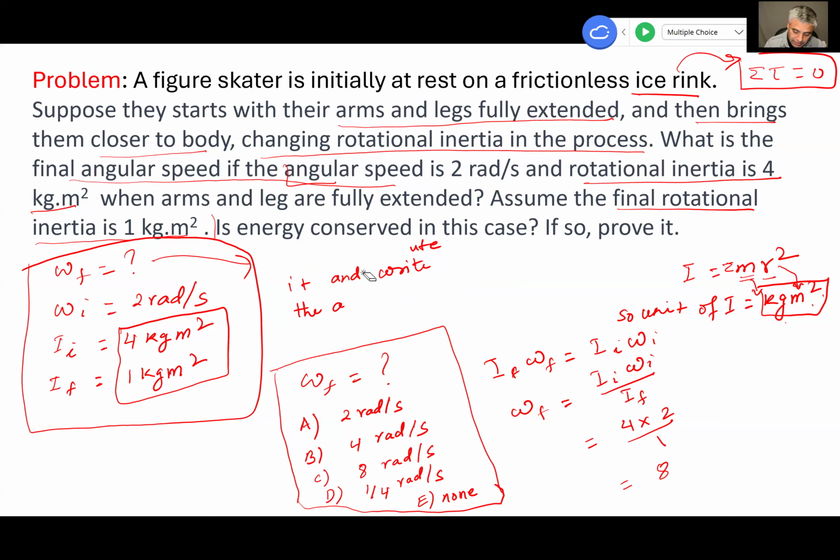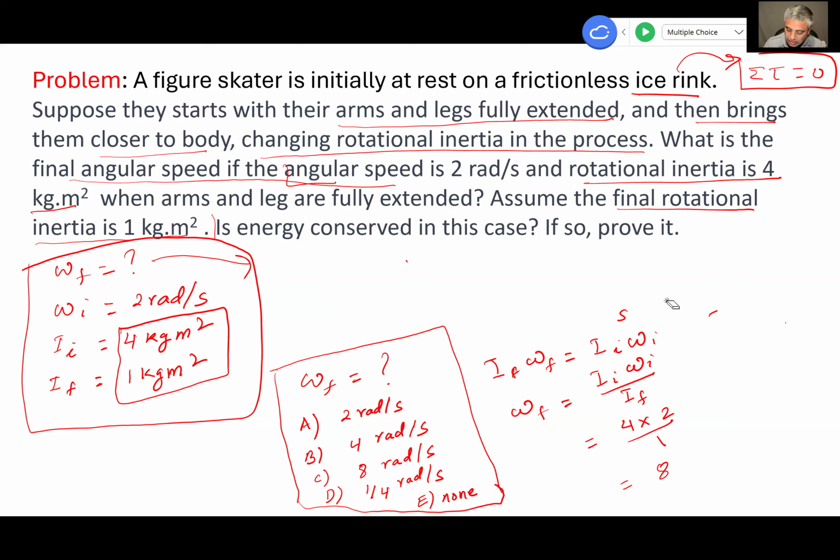So now we have a second part in this question. Is energy conserved? So usually energy should be conserved, but if some is dissipating, then we may not get the same total before and after, right?